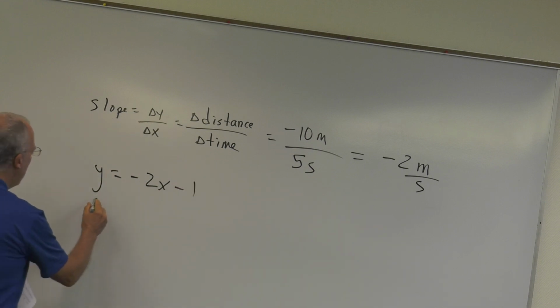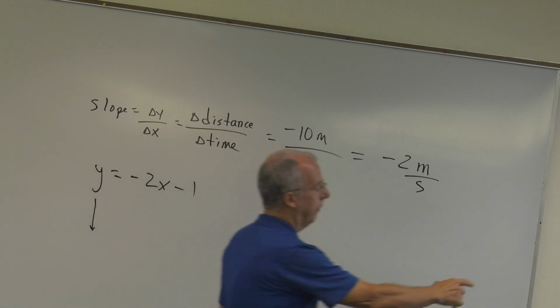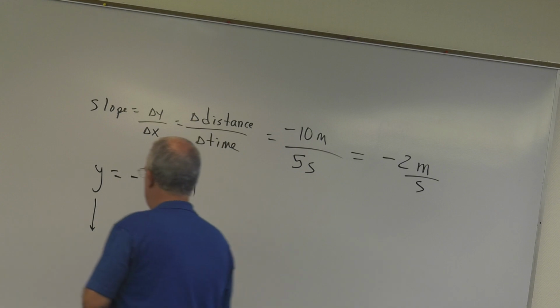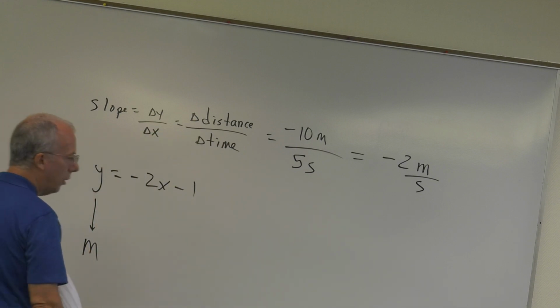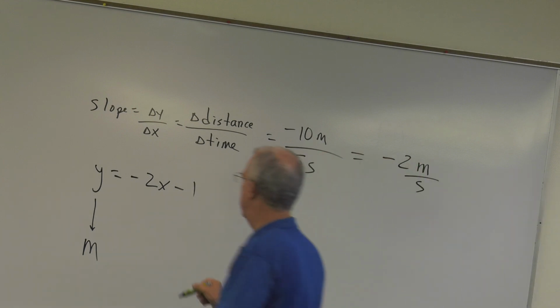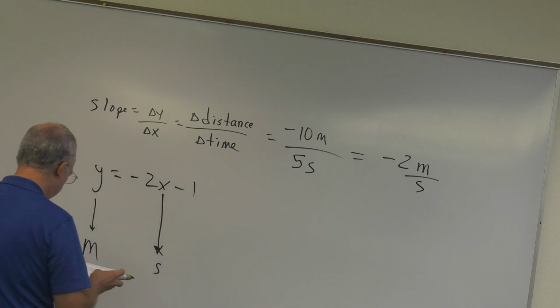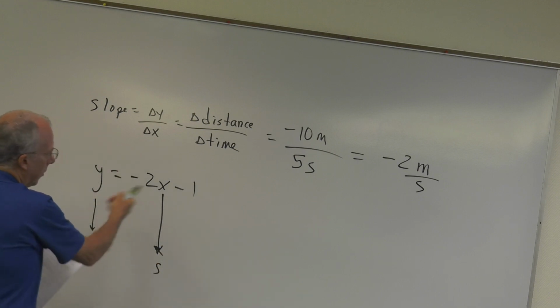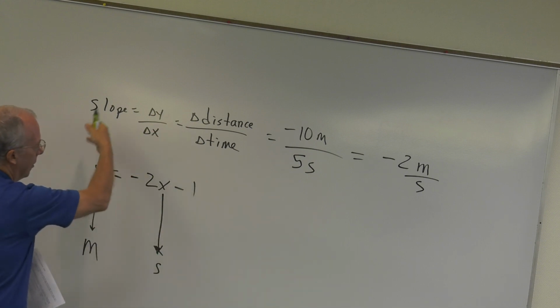So what are the units of the y? Well, look at the graph. Distance, meters. So this is in meters. What are the units of the x? In other words, the time. Seconds. So the x is in seconds. I'm just repeating myself, doing this a different way.